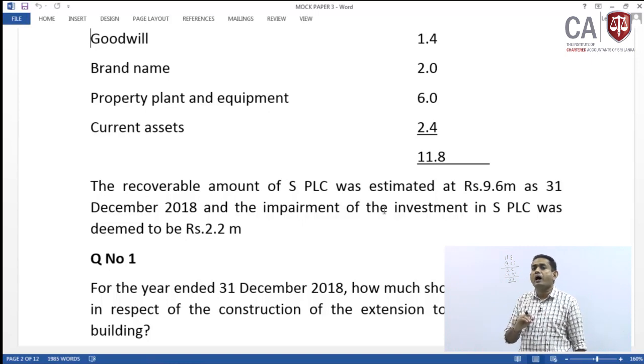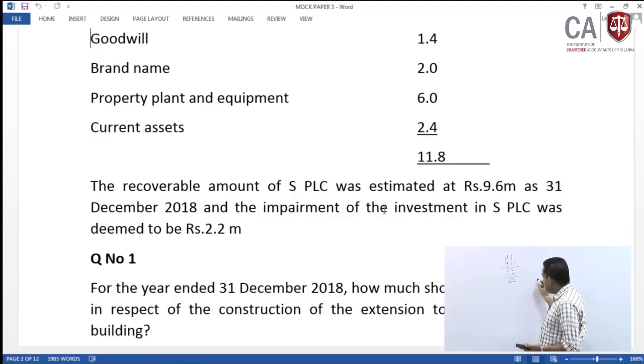Current assets are not deducted for impairments under LKAS 36. There are reasons, I can't explain all the reasons here due to time constraint. So, let us forget about the impairment loss being allocated to current assets. This 0.8 million should be allocated to brand name and property, plant and equipment on a pro rata basis. So, it is 8.